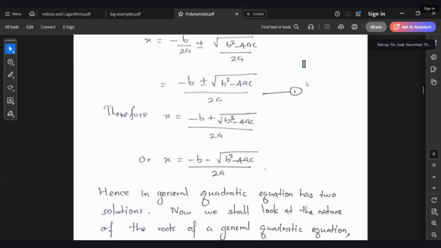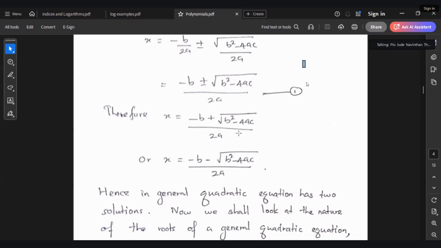It has the solution. We can say x is equal to the roots, sometimes we say zeros. I didn't use the word zeros because you may misinterpret it with the number 0. That's why I didn't use it.